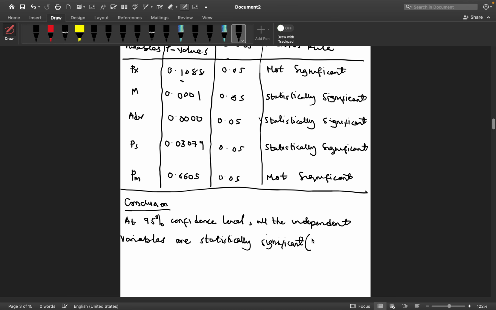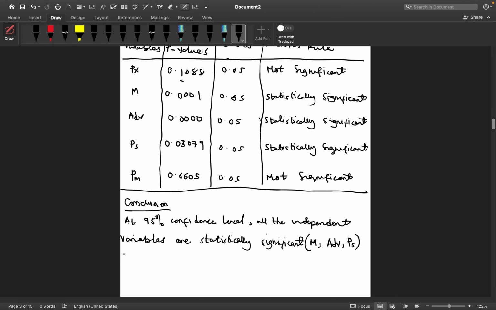So you name the variables that happen to be significant. M was significant from here. This is N, significant. Advert was significant. ADV. PS was also significant. PS.